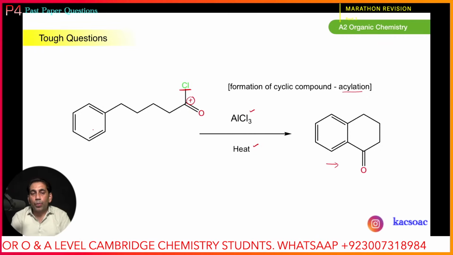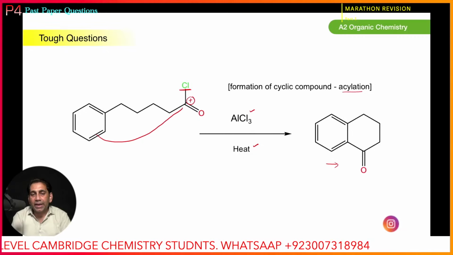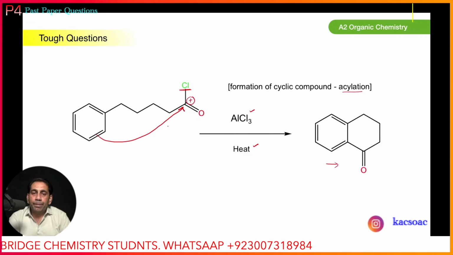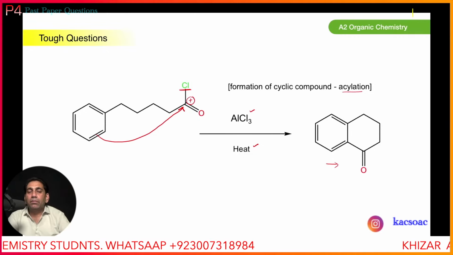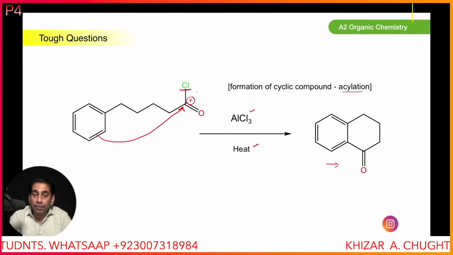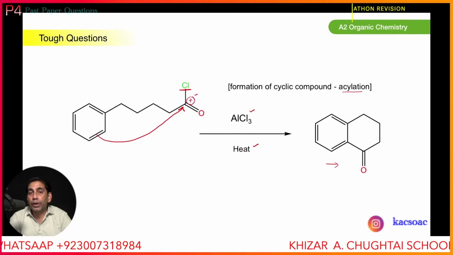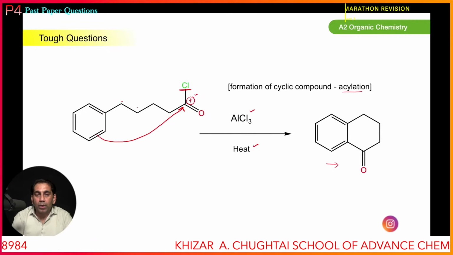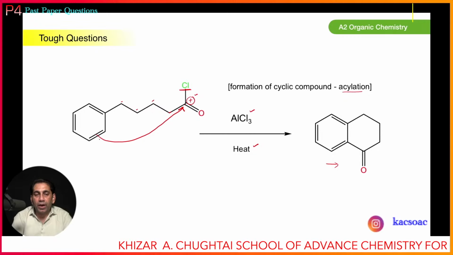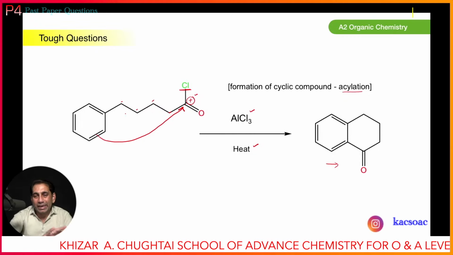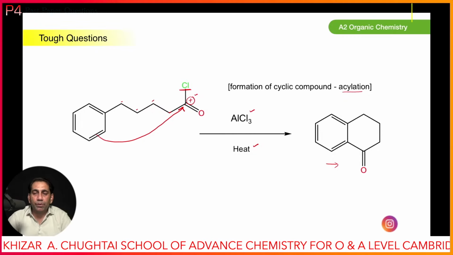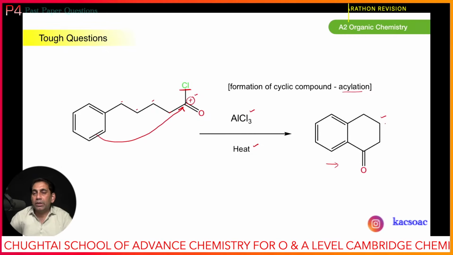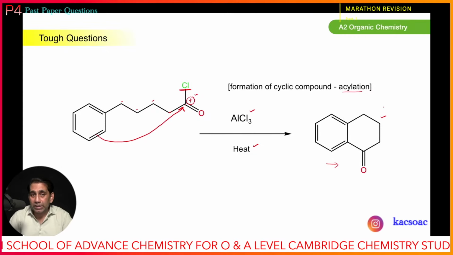Benzene ring will once again attack on this carbon atom, because this one carbon atom is going to behave as an electrophile, and you can see that 1, 2, 3, 4, and 5 and here is a 6. So basically a six-membered ring is going to be formed. So a cyclic ketone is supposed to be formed. It's a unique reaction, you can say.